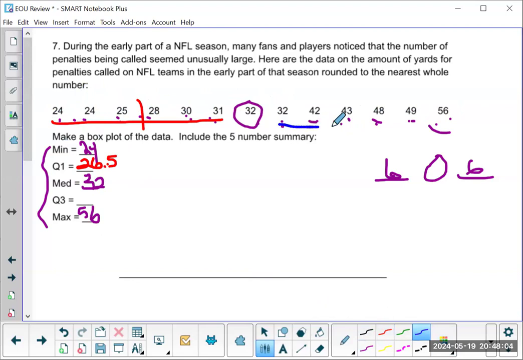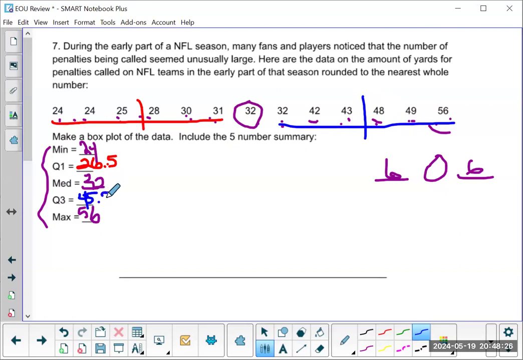Then we do the same thing with the upper team. There's 6 people, so I split them 3 and 3. Again, I want the middle number of 43 and 48, which is 45.5. If I don't know that, I can add 43 plus 48 and divide by 2. So this is 45.5.